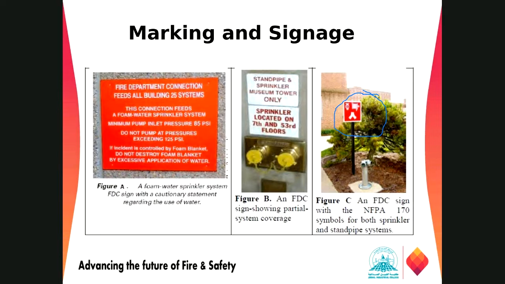So this is for a museum tower only, and within that tower, one is located at the 7th floor, and the second one at the 57th floor. So this is the idea about the signage, so that the fire department team can easily access those areas in emergencies without losing a single second.